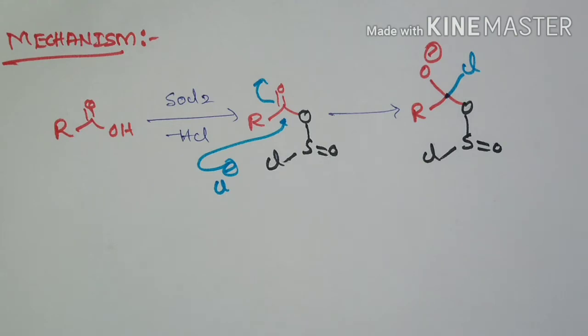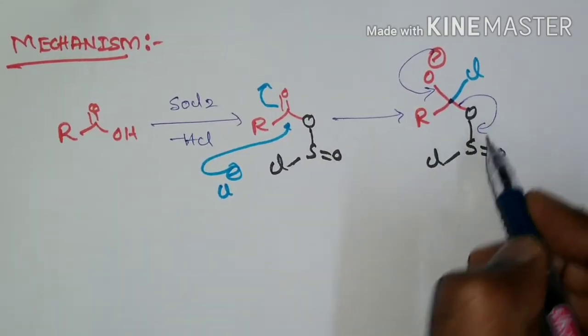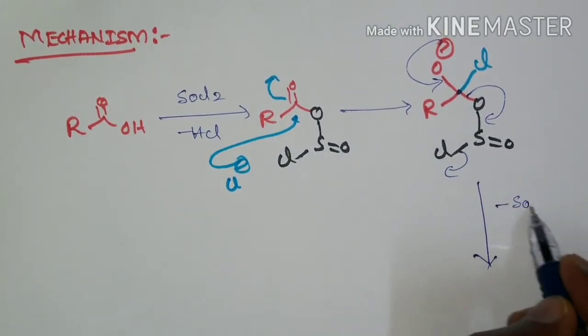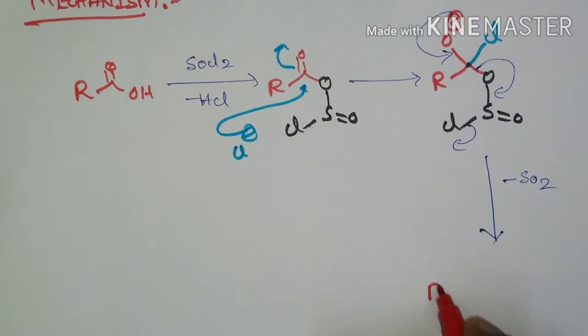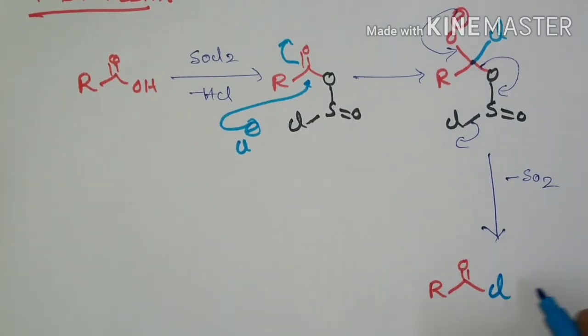Now this tetrahedral intermediate is going to collapse. That is, there will be loss of sulfur dioxide, leading to the formation of acid chloride.